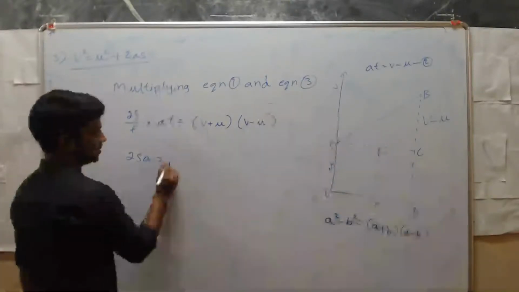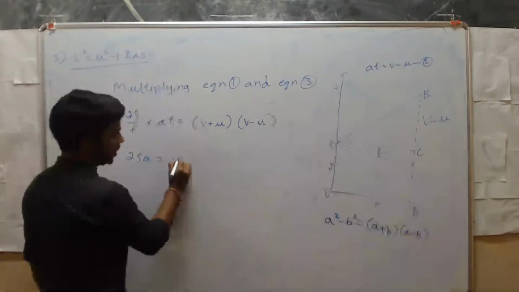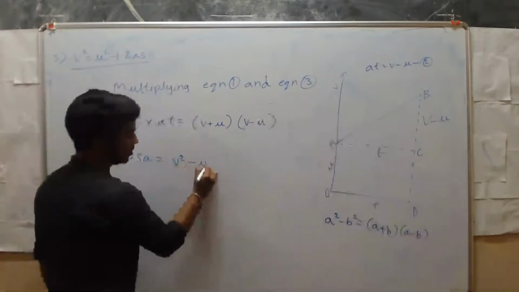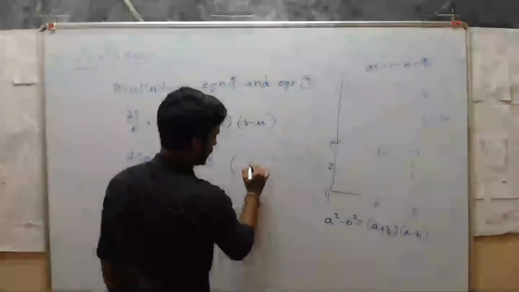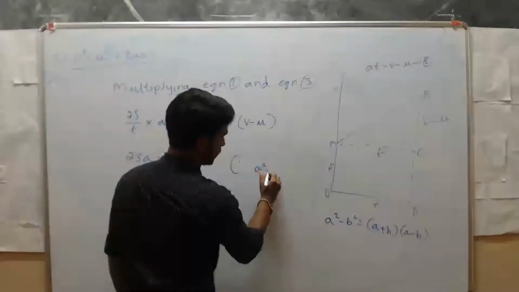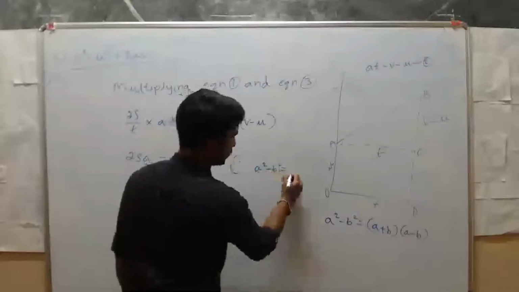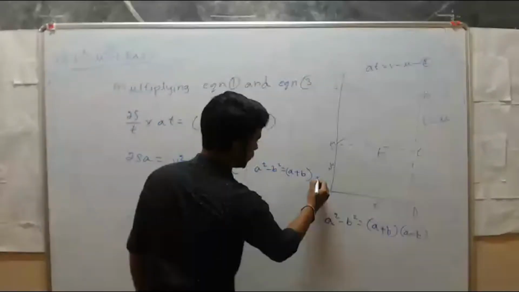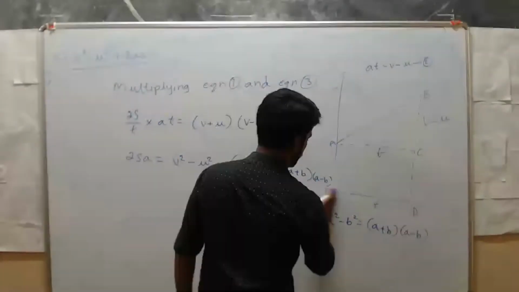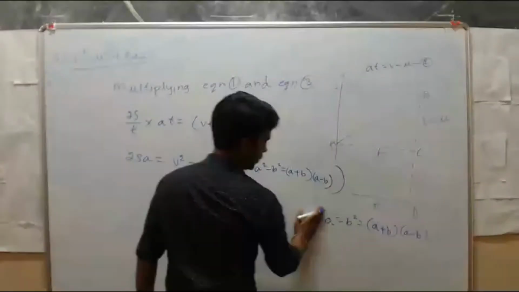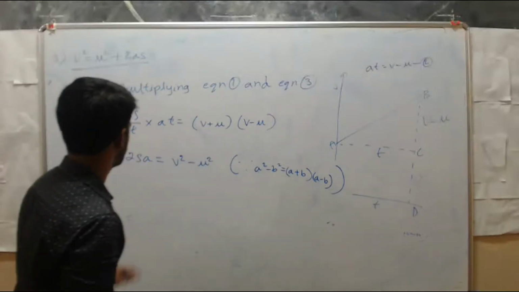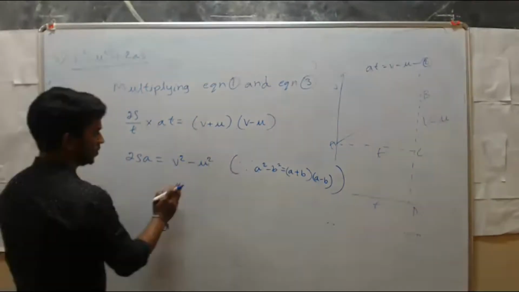So now we can write this as V square minus U square. Using this identity, a square minus b square equals a plus b into a minus b.